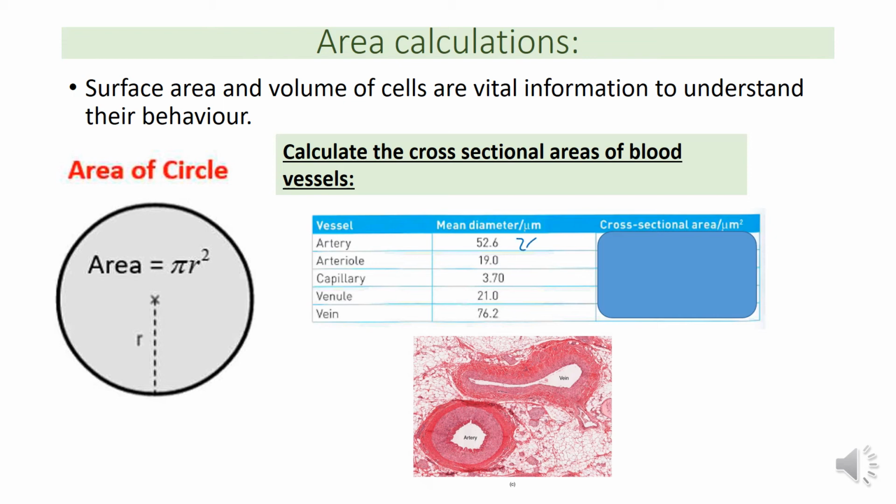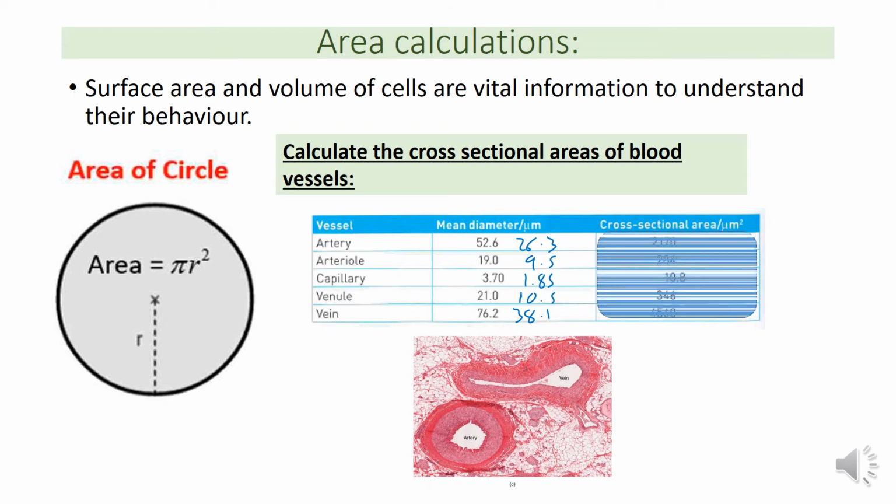So that equals 26.3. 19 divided by 2, which equals 9.5. 3.7 divided by 2, which equals 1.85. 21 divided by 2, which equals 10.5. And 76.2 divided by 2, which equals 38.1. So then what I need to do is do that radius squared and then multiply it by pi.